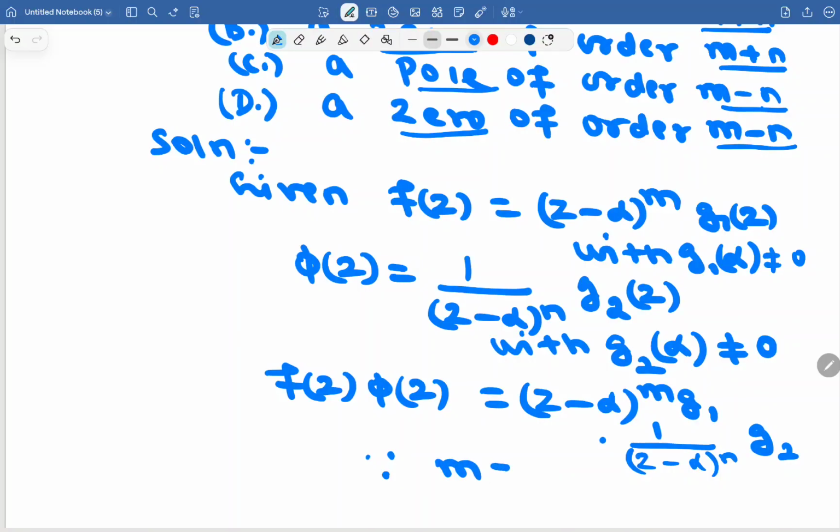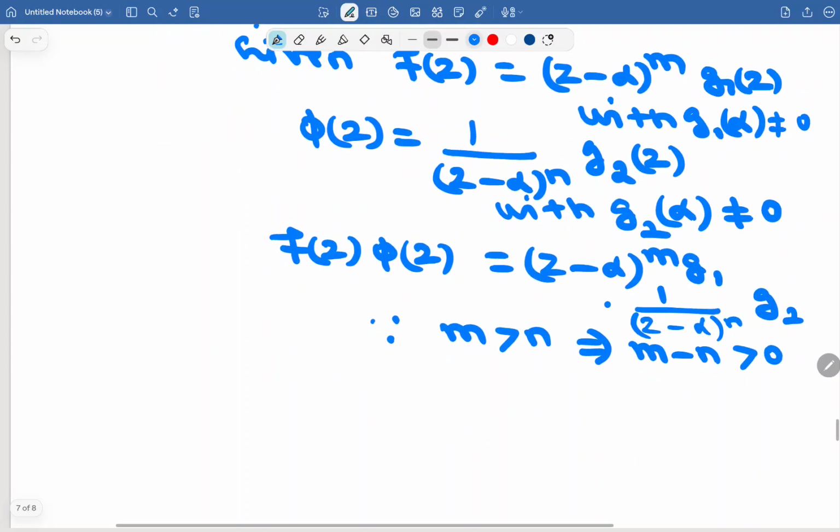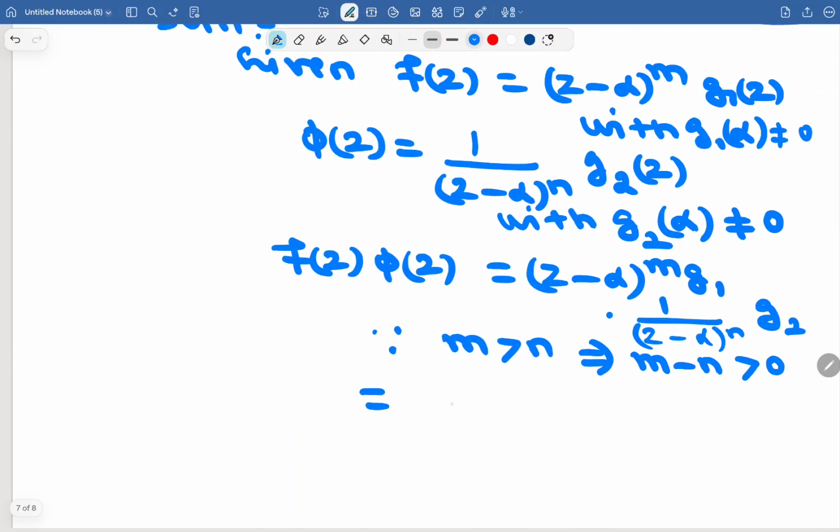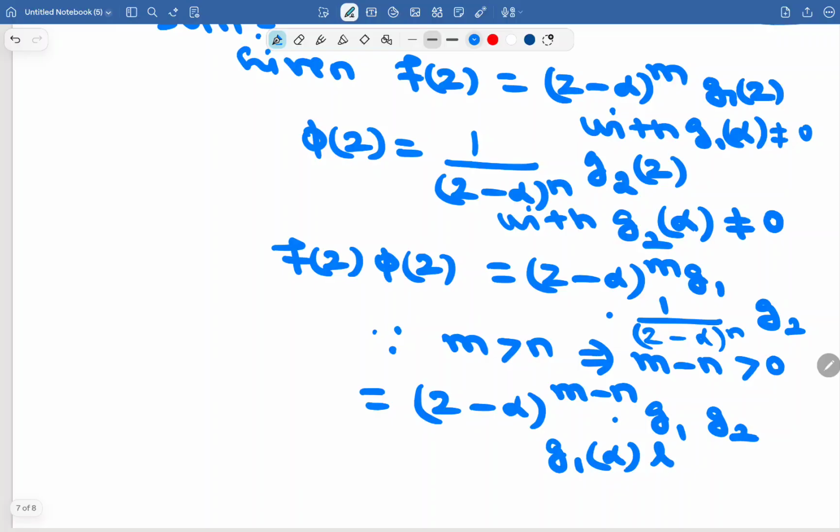Since m greater than n implies m minus n greater than 0, therefore z minus alpha power m minus n into g1 g2, both g1 of alpha and g2 of alpha not equal to 0.